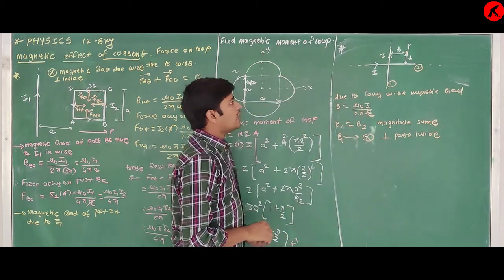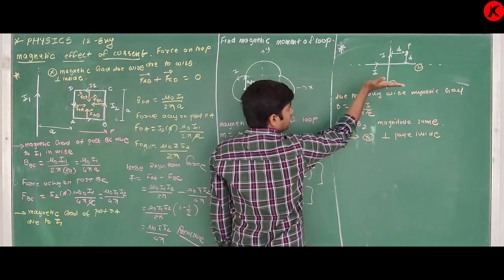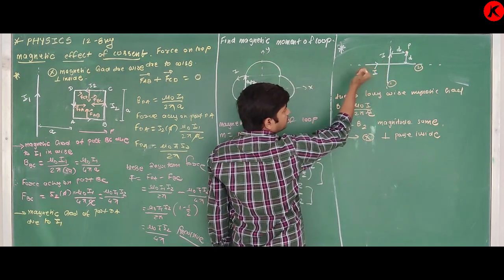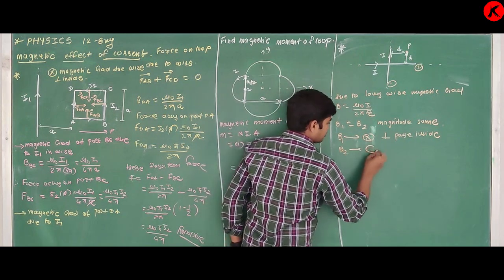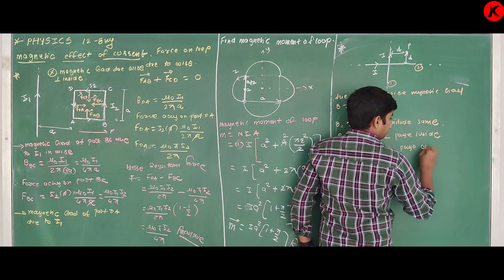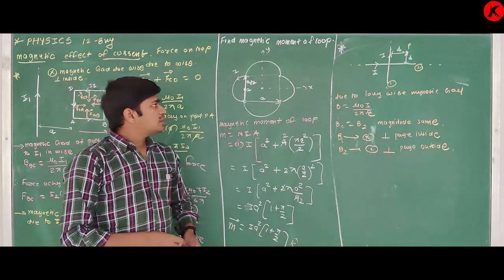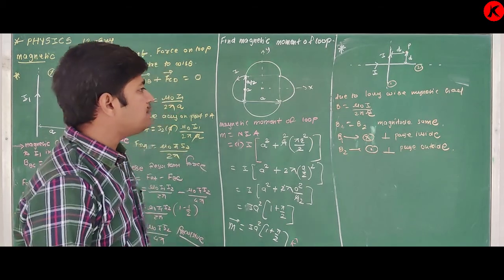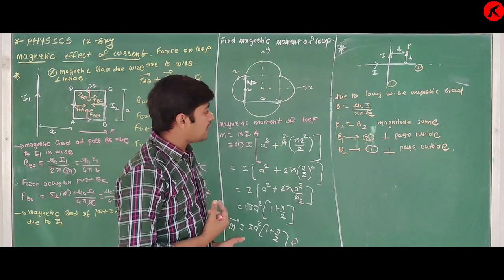While in the case of the second wire, current is in this direction, the point is in the upward direction, so thumb out. So B2 is perpendicular to the page, outside. This means due to both wires at point P, the magnitudes of the magnetic field are equal but the direction is opposite.